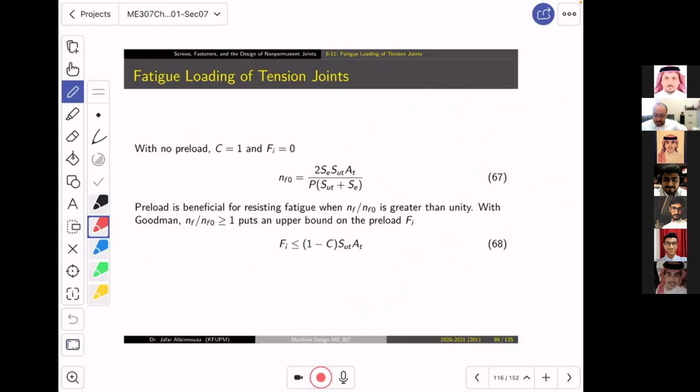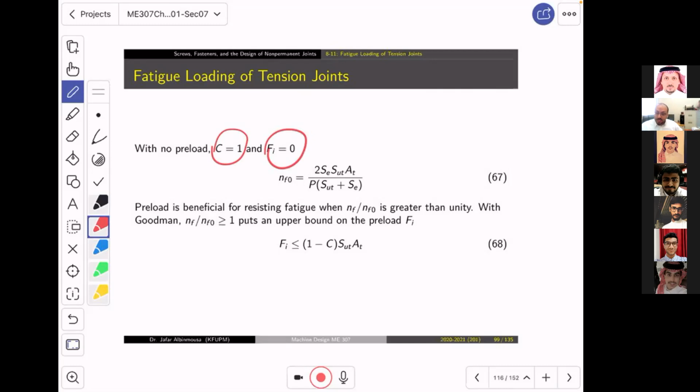Now, what is the story here? The story goes like this. When there is no preload, meaning the bolt is loosened, the preload is gone, C will become 1 and Fi will become 0.